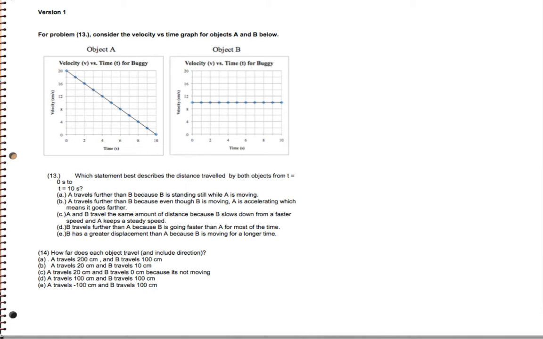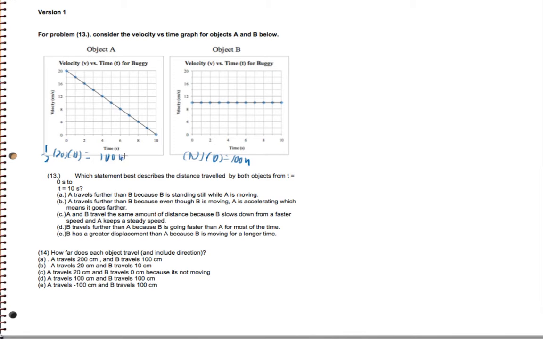And for number 13, which statement best describes the distance traveled by both objects from t equals 0 to t equals 10? It turns out that the distance traveled can be calculated from the area. So here I've got 1/2 times 20 times 10, which gives me 100 meters. And then here, 10 times 10 is 100 meters.